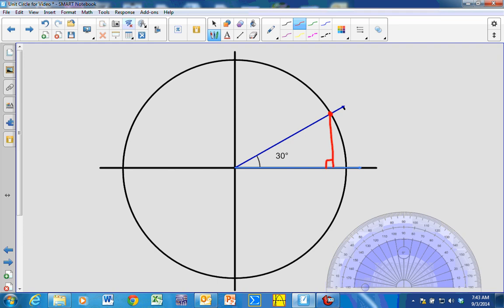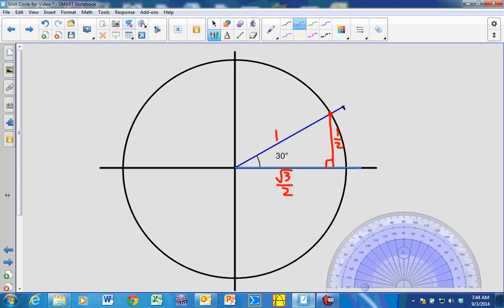And I know the hypotenuse length here is 1. So in this triangle, the short leg, which is up and down, has a length of a half, and the long leg is the square root of 3 over 2. We just went through that.